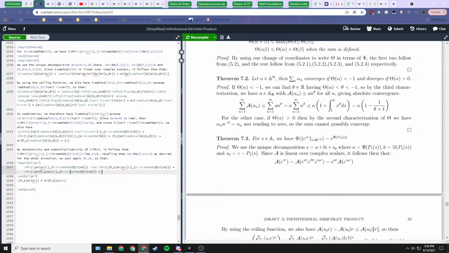And this one is just the absolute value of e to the power of P1 of S, which is e to the real part of the complex number P1 of S.